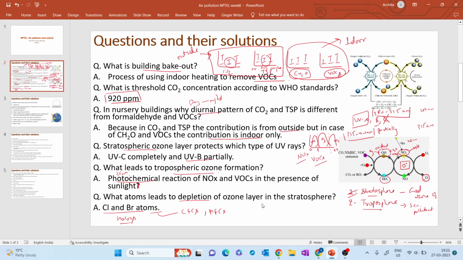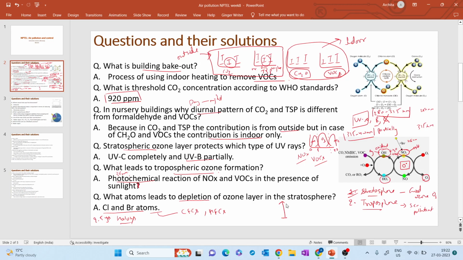Initially they were used in refrigerator systems, and over prolonged time it was realized that as the usage of CFCs increased, the concentration of chlorine and bromine increased in the atmosphere, and over 2 to 5 years they can travel from the troposphere to the stratosphere.